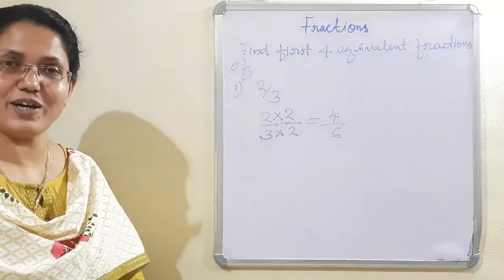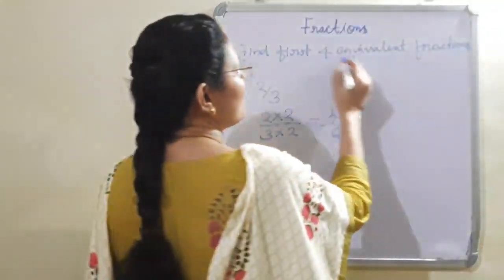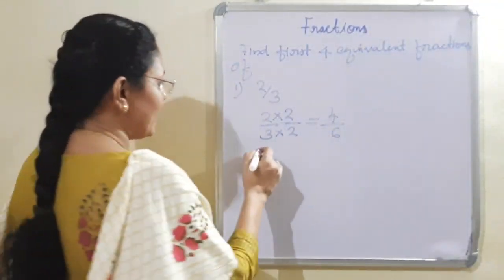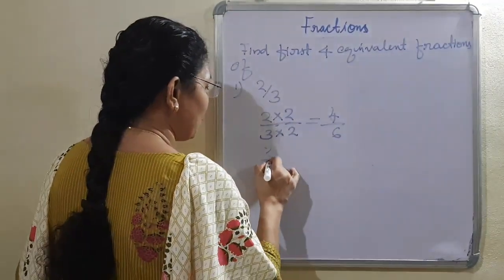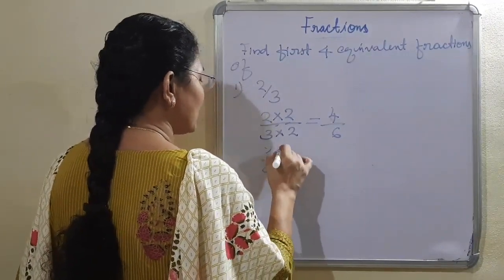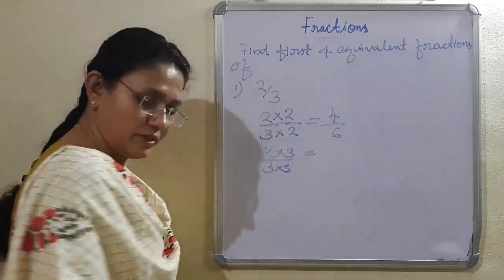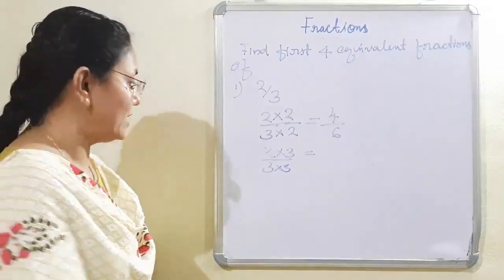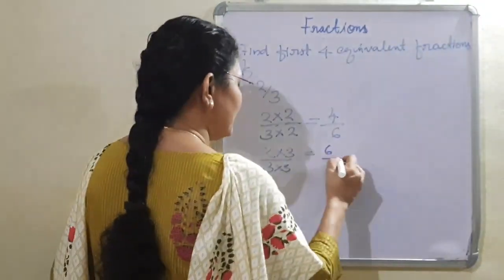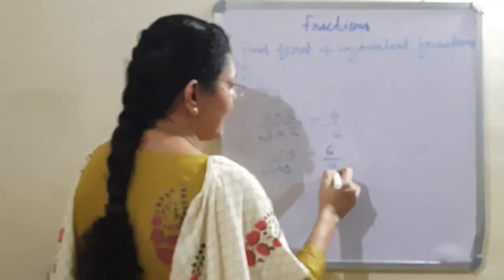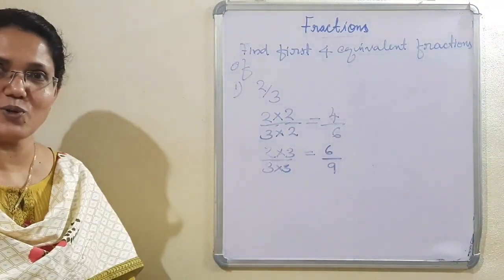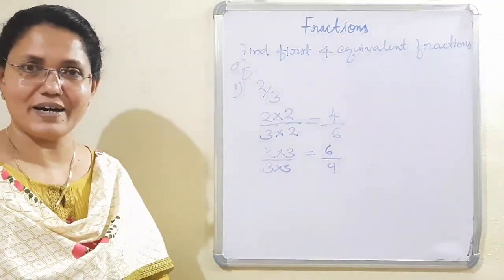Next, by which number you have to multiply? We should find the first 4 equivalent fractions. So next we can multiply this with 3. Both numerator and denominator multiply by 3. 2 into 3 is 6. 3 3s are 9. Next, by which number we have to multiply? Yes, by 4.